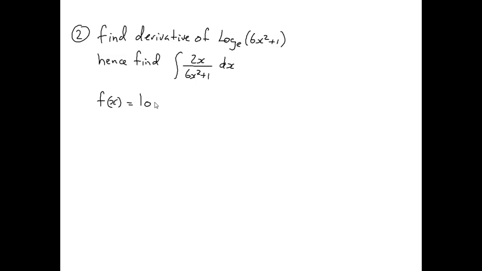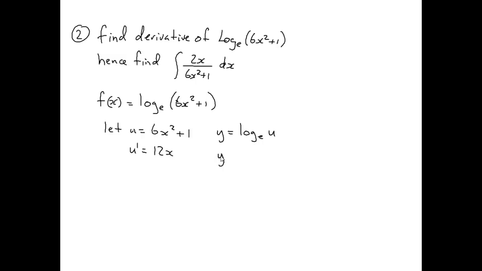The function of x equals log to the base e of 6x squared plus 1. I recognize that as a function of a function. So I'm going to let u equal 6x squared plus 1, and y equal log e of u. Then u dash equals 12x, y dash equals 1 on u.